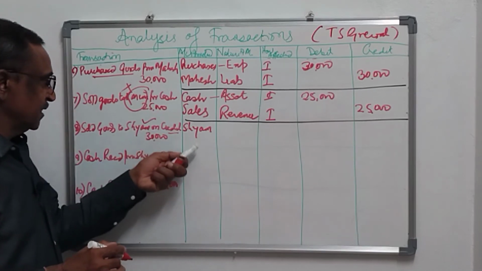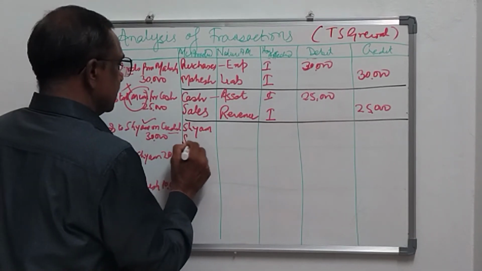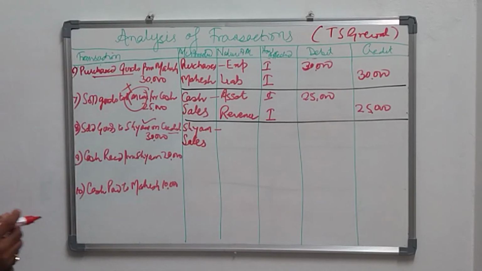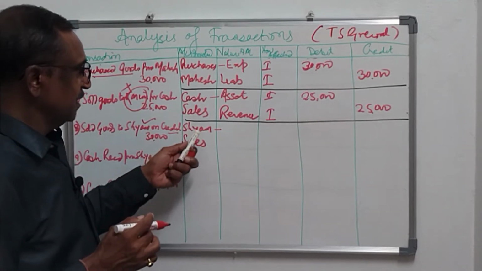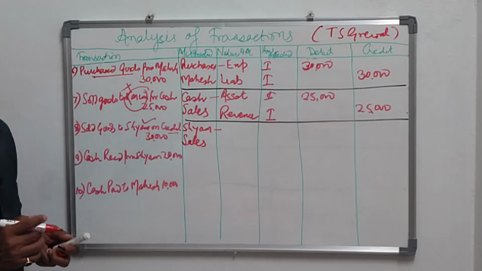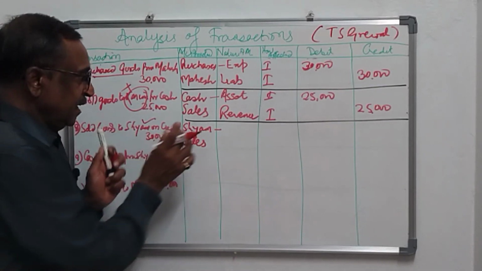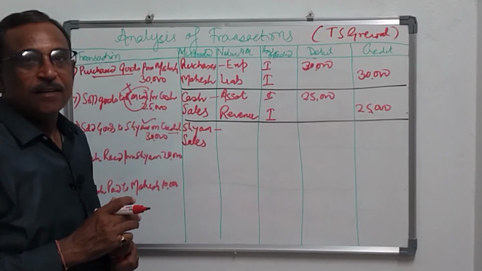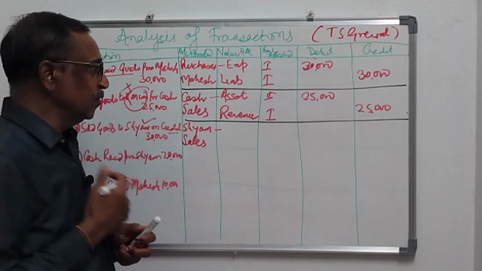So one account is Shyam and other account is sales. Now the Shyam has become your asset. Why asset? Because he is worth 30,000 right now. He has to pay 30,000 to you.